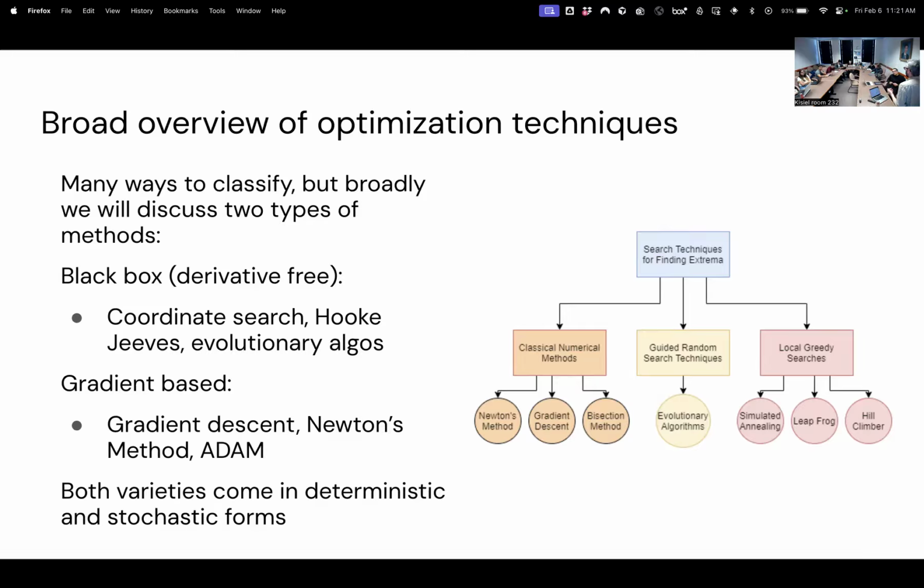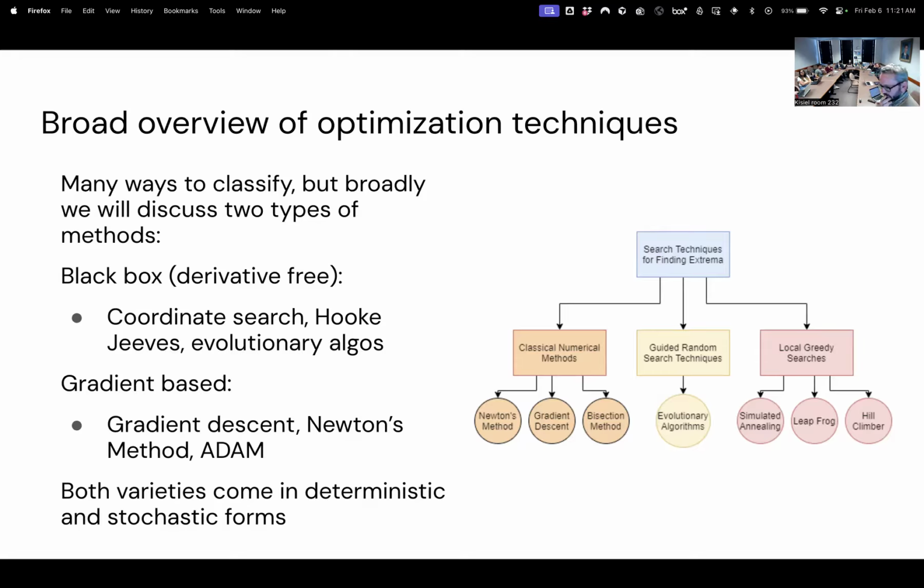When we're optimizing, we're looking for an extremum of some function, which is our model. So we either want a maximum or a minimum. We always frame it as a minimum, which could just be the negative of the maximum. No problem there. The three that they chose in this particular figure are generally pretty good. There are local greedy searches, which I'm going to lump with evolutionary algorithms into black box techniques, which are derivative free.